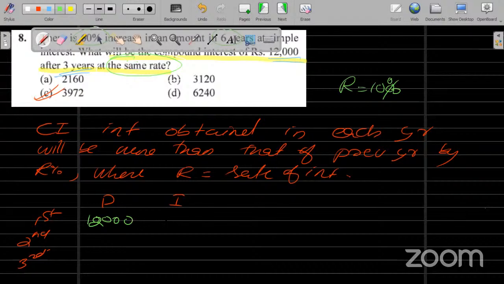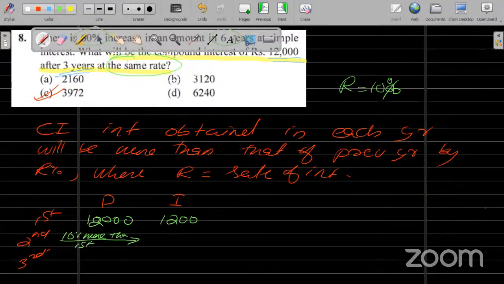So the interest in the first year will be 10% of 12,000, that is 1,200. And the interest in the second year will be R percentage, here 10%, more than the interest in the first year.